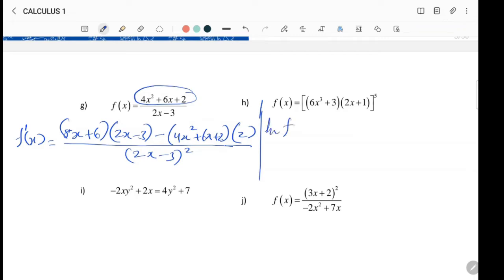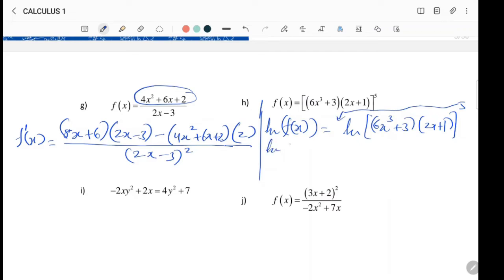So this is ln fx, okay, and if you apply ln here, then this is 6x cubed plus 3 times 2x plus 1 and has power 5, right? Okay, you know this 5 will come here. So this is ln fx, 5 is here.